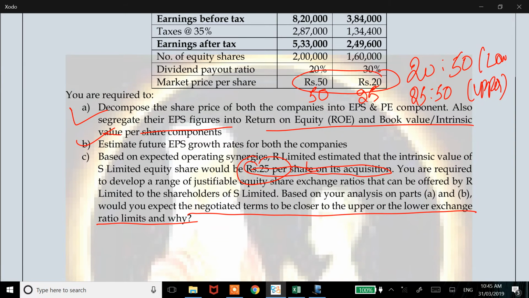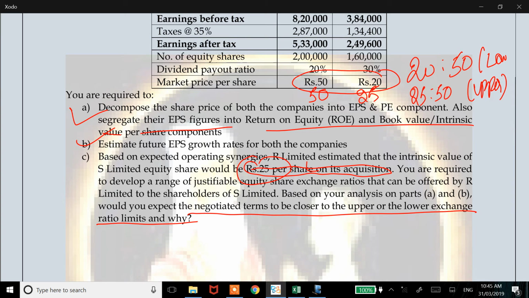So I have to identify which is the stronger company. It's not necessary that the acquiring company is always stronger. Sometimes the target company can be stronger, but because of circumstances an acquisition happens. Whichever company has better ROE, better growth rates, or a better P/E multiple is considered the stronger company because its performance metrics are better.